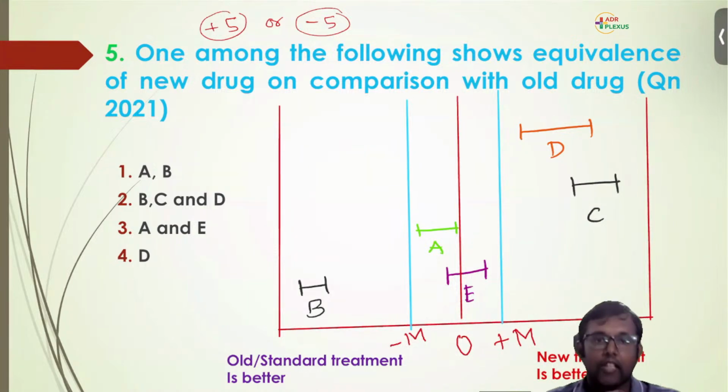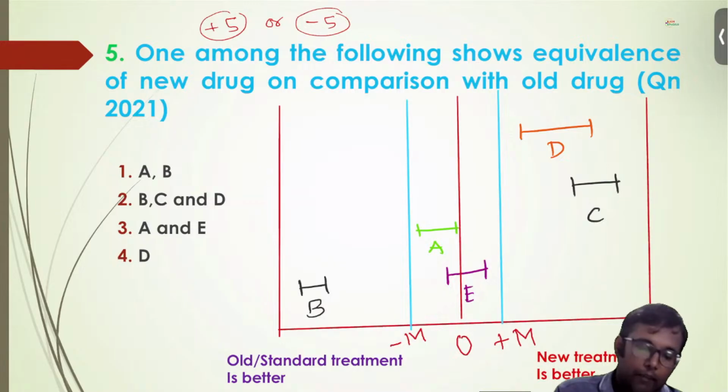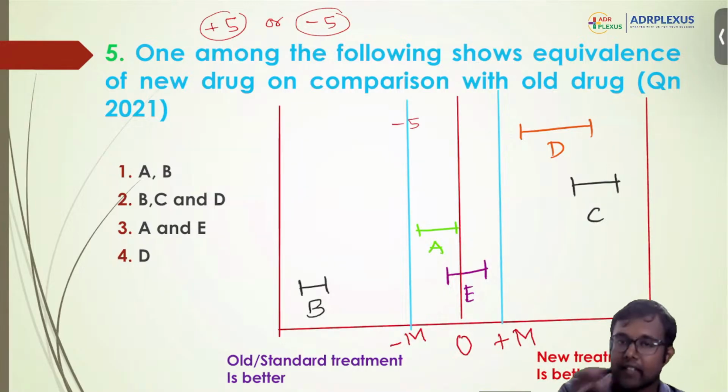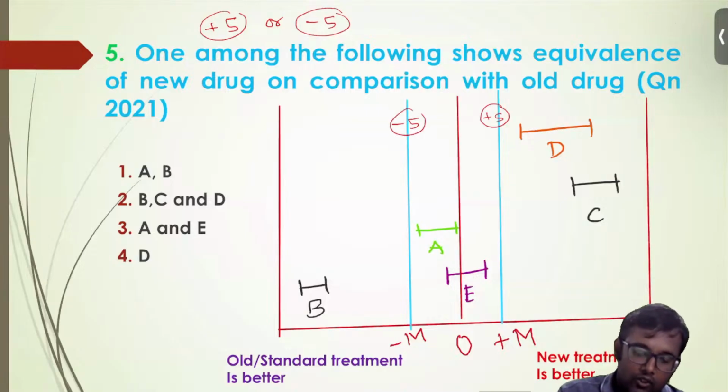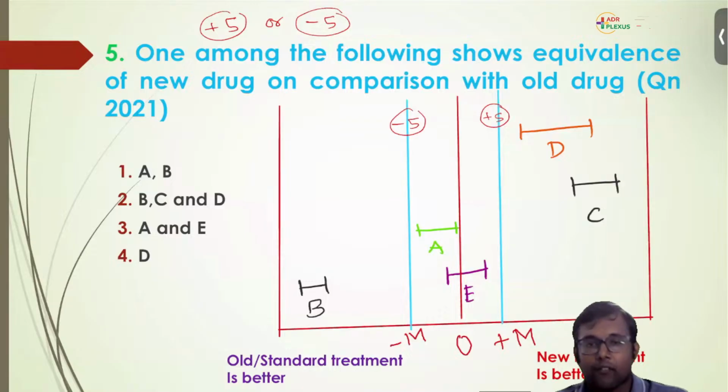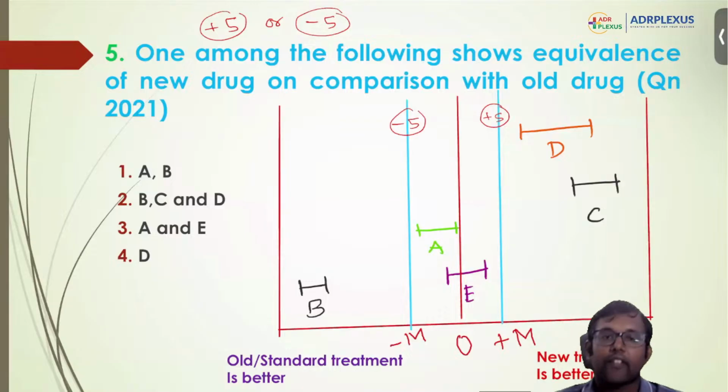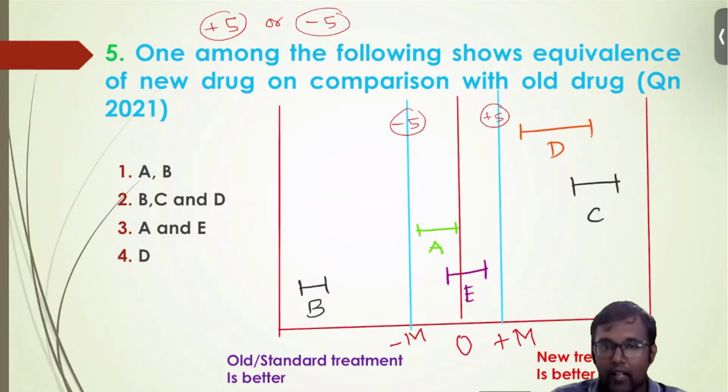Both these friends are equivalent friends. That is called minus or plus 5. That is the margin of difference. If both of them are within this margin of difference, then it is called an equivalence trial.